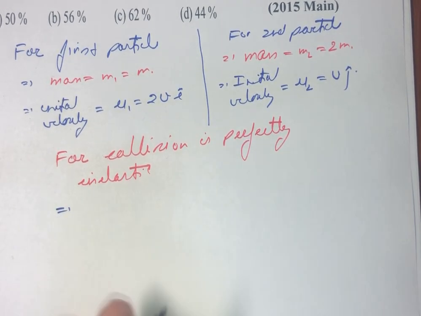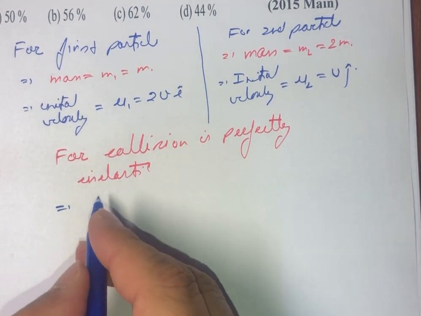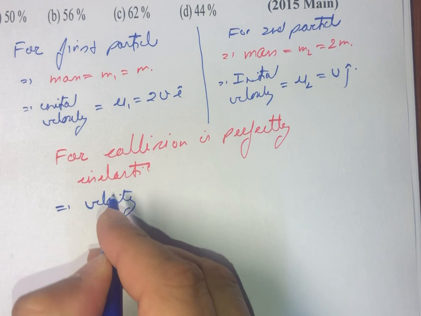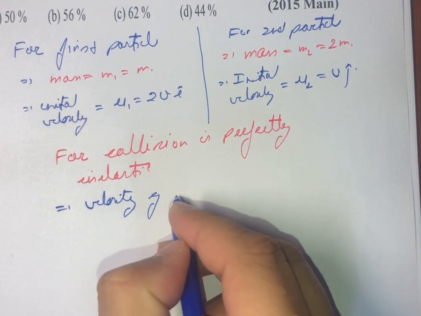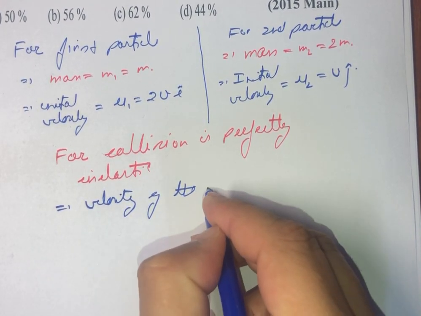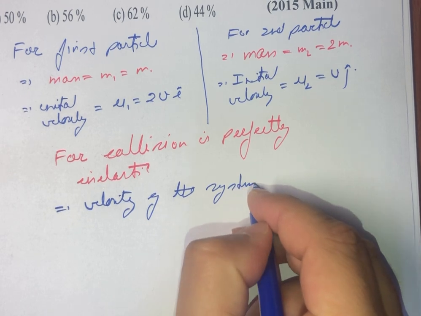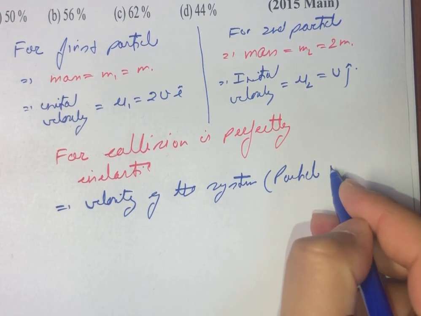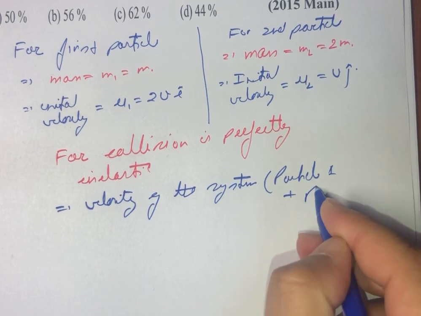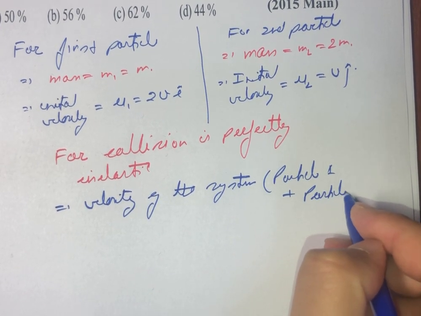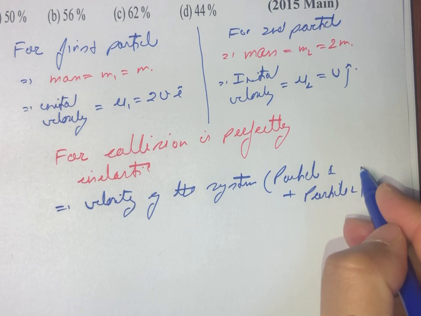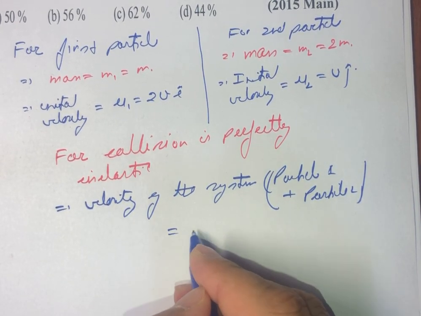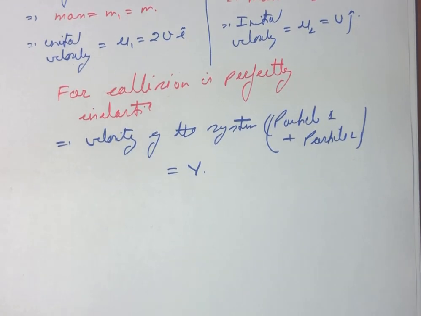Therefore, the velocity of the system, means particle 1 plus particle 2, let us suppose it is given as capital V.